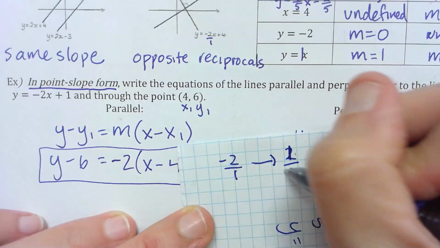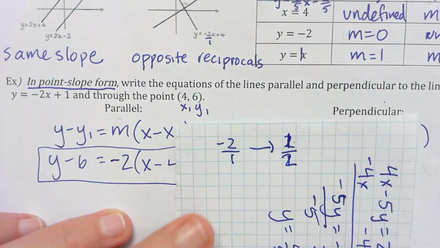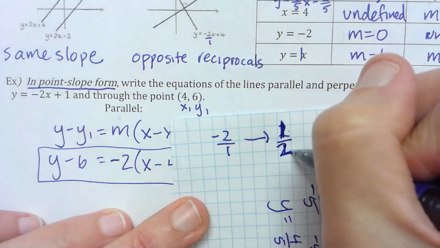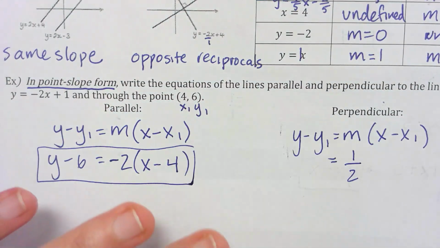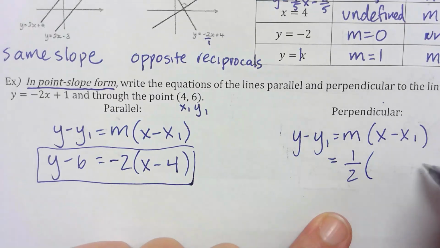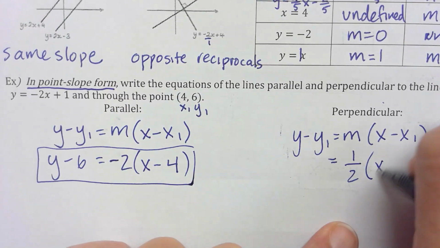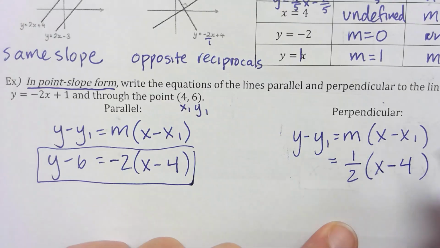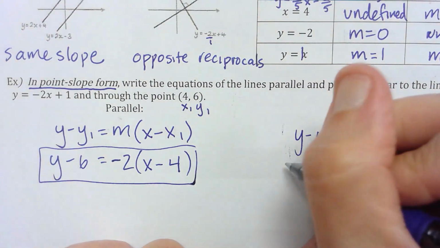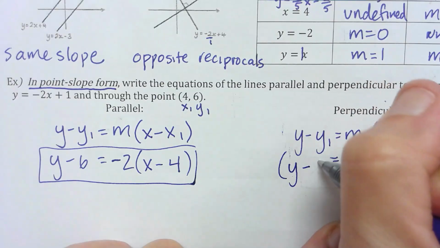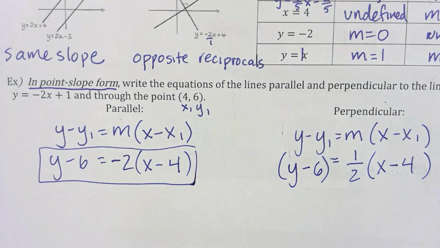Oopsie, 1/2. I didn't flip it. Okay. There's my new slope for a perpendicular line. And then x minus 4, right? That's x1. y minus 6. Okay. All right.